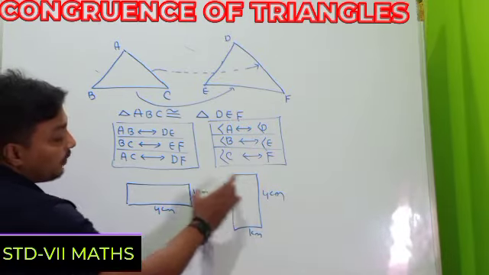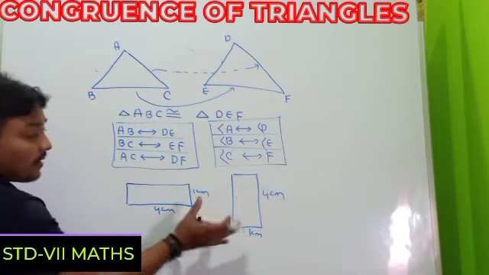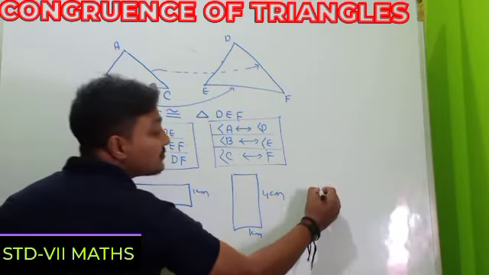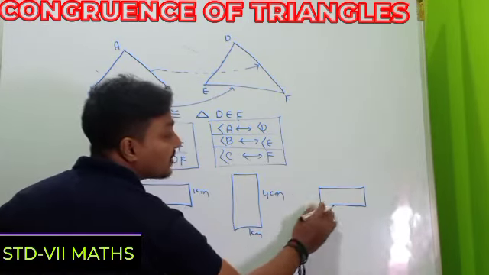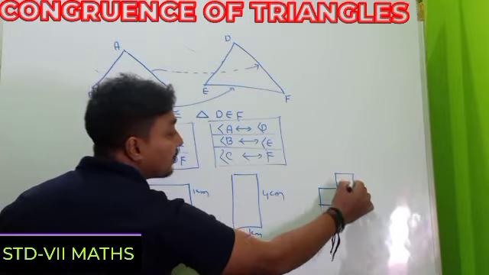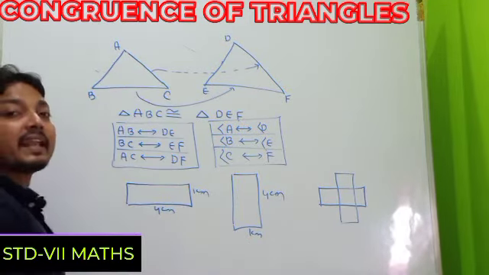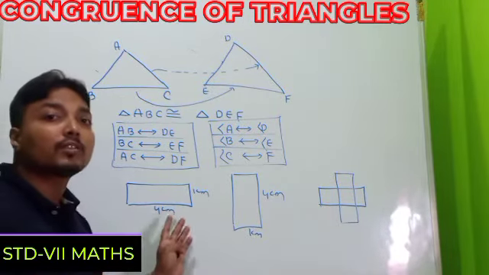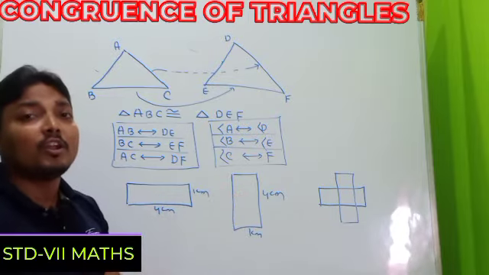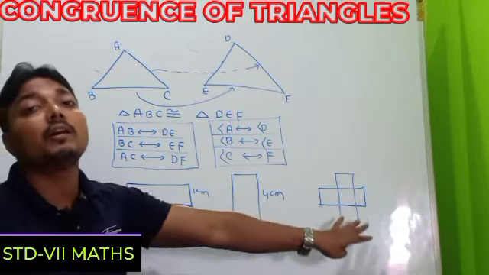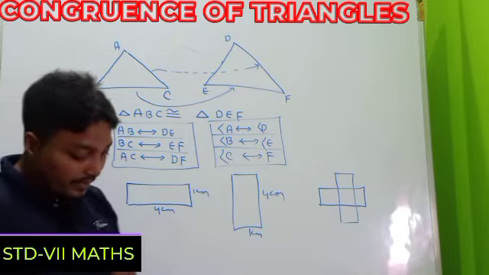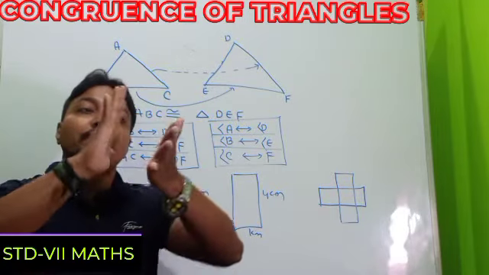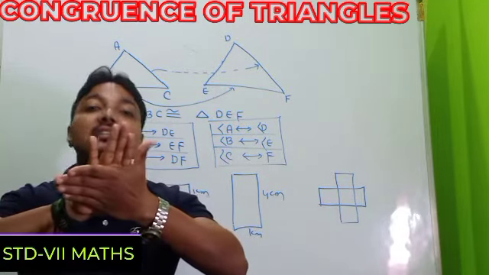Whenever I keep it over this one, but instead of keeping it in sleeping mode, I keep it in standing mode, the situation will be like this. Can I say both cover one another? Both have the same sides and the same angles, but they are not covering one another. Whenever I keep the palm like this, congruent. Whenever I keep it like this, I cannot call it congruent.